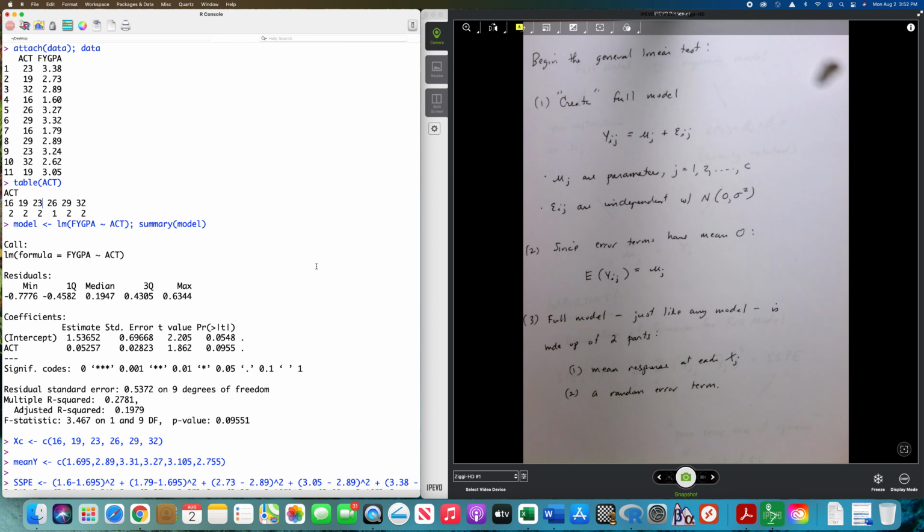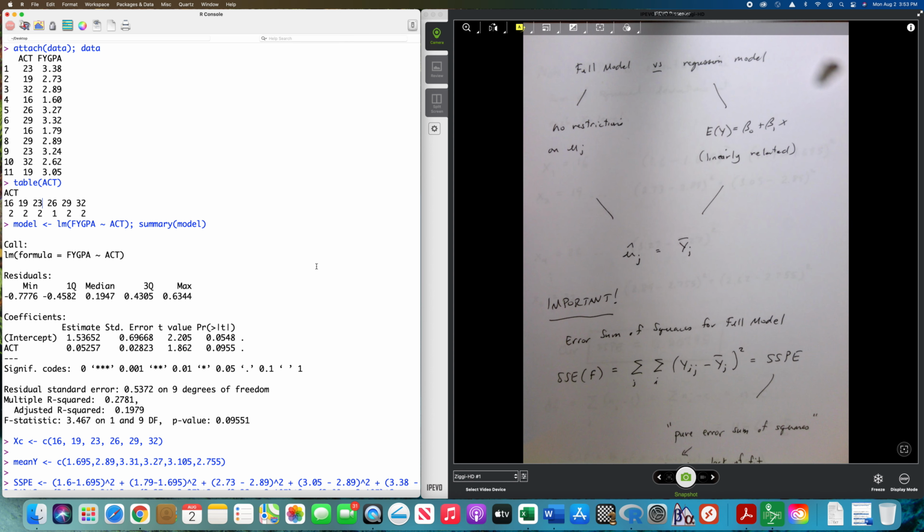Now, the full model, just like any model, is made up of 2 parts. It's made up of our mean response for each of the x sub j's and a random error term. All right, now what's the difference between this full model and a typical regression model? In the full model, we have no restrictions on our mu sub j. They're not necessarily linearly related to the y's.